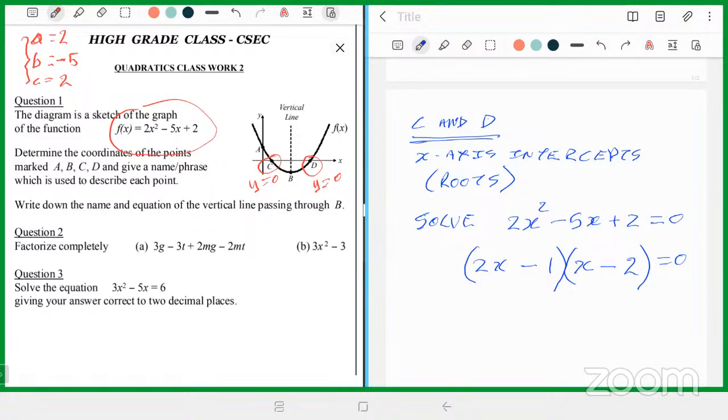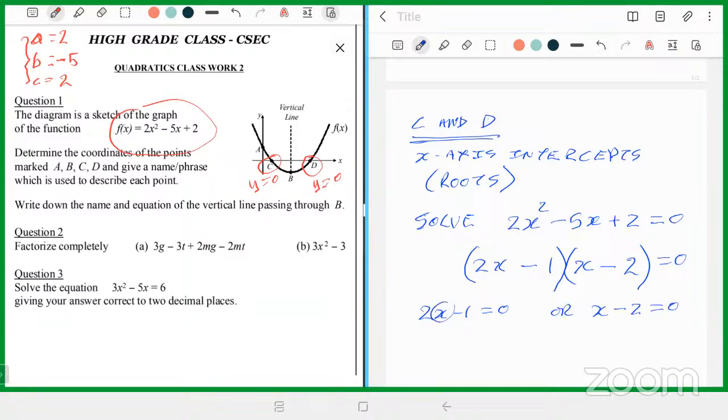All right. So we now come down to this equation equals 0. The product of these two things equals 0. So remember, it is either this one that is equal to the 0. So let's write it out. It's either 2x minus 1 that is equal to the 0, or x minus 2 is equal to the 0.